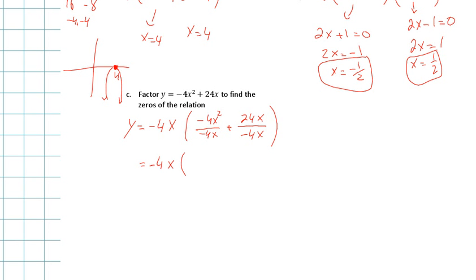The negative 4 and the negative 4 would cancel. X squared divided by x leaves me with an x. How about 24x divided by negative 4x? Negative 6. One x or x is the same. Yeah.